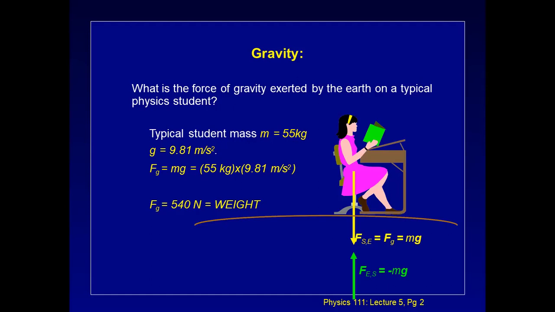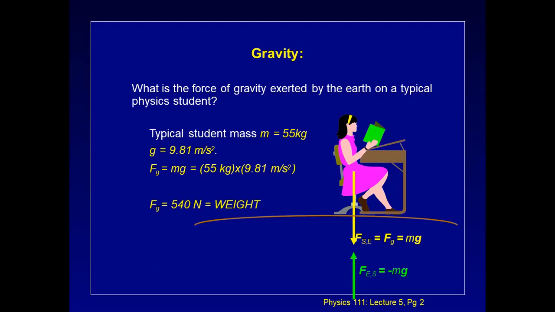To calculate the force of gravity, it is equal to the weight of the student, which is the mass of the student times the gravitational constant of the Earth: 55 kilograms multiplied by 9.81 meters per second squared gives us 540 newtons as the force of gravity, or the weight of the student.